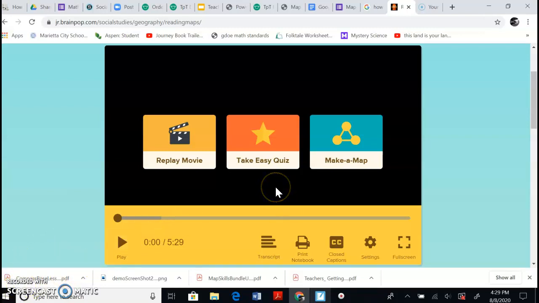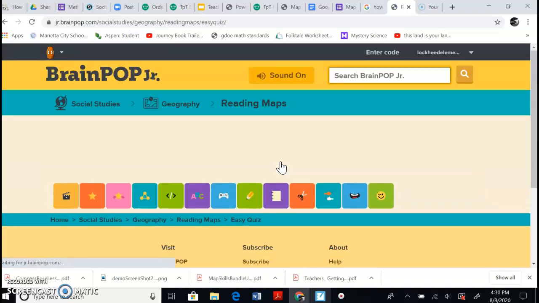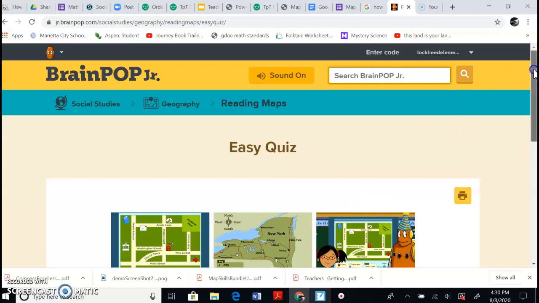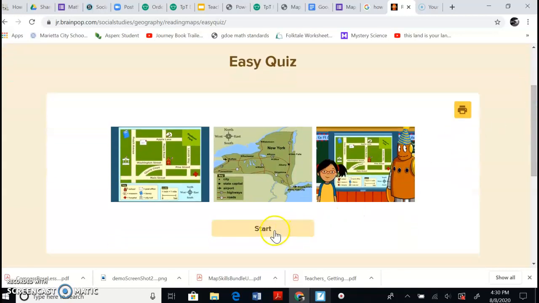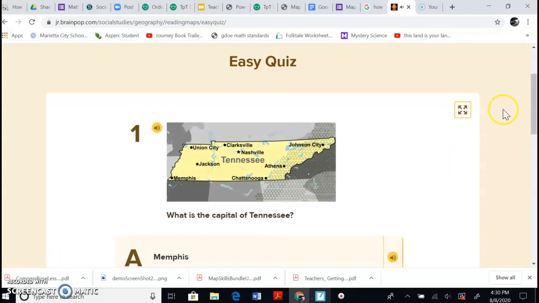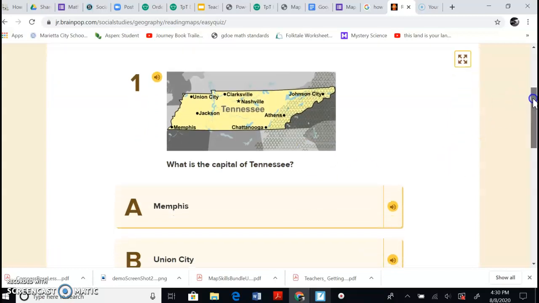All right, boys and girls, let's look at some questions that we can go through. Okay, so I want you to think about a map key.